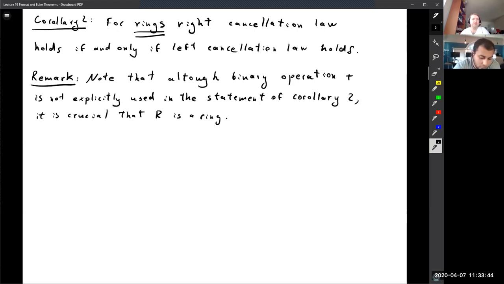And in particular, this corollary 2 fails for associative operators when it's not a ring.